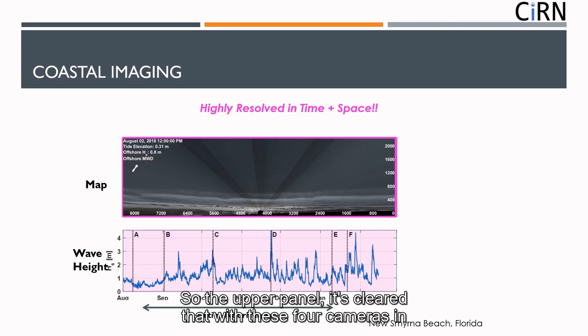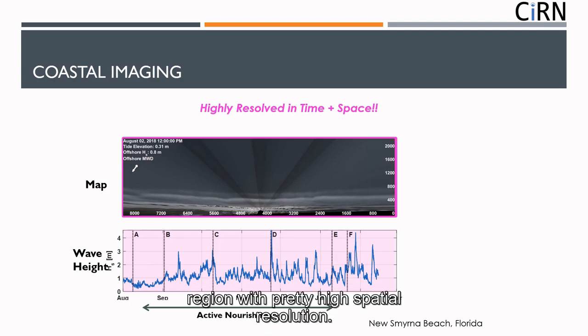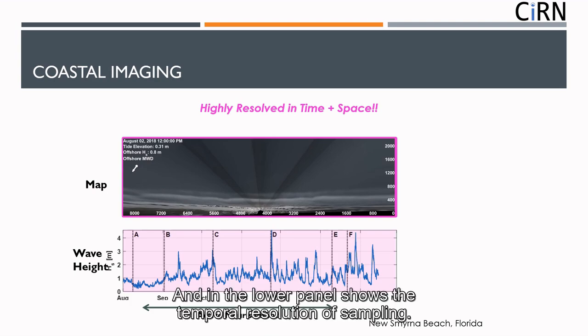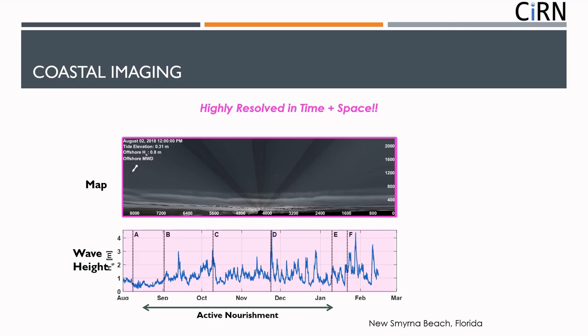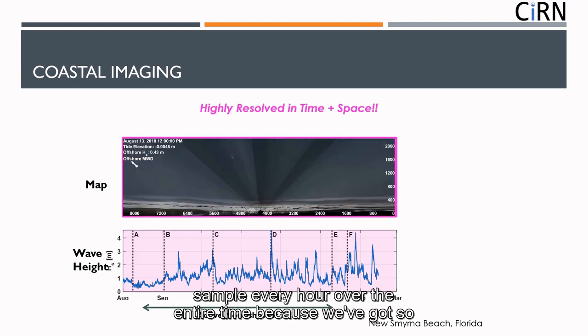So in the upper panel, it's clear that with these 4 cameras in one station, you're sampling now an 8 kilometer by 2 kilometer region with pretty high spatial resolution. And the lower panel shows the temporal resolution of sampling, not quite accurately in that we don't sample at night, but we do sample every hour over the entire time.